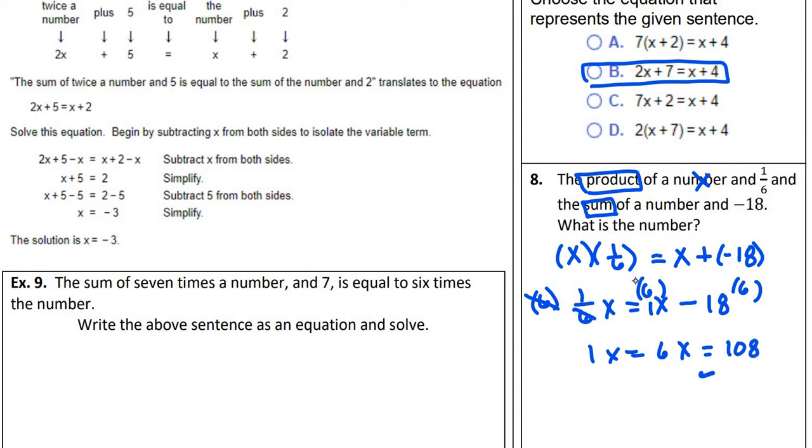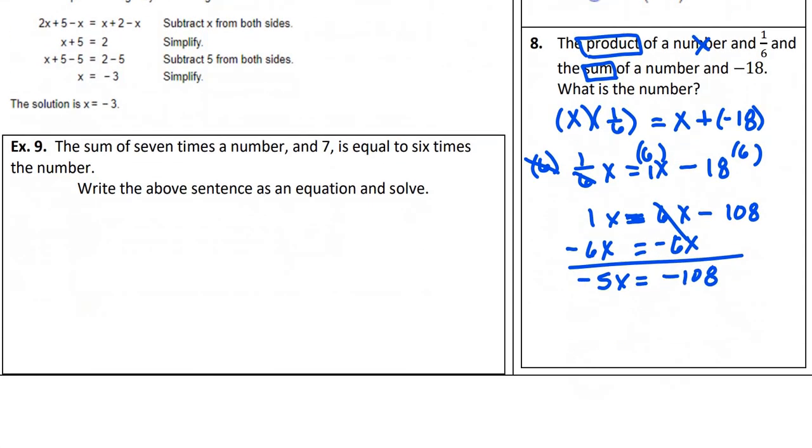Now, as before, and I'm going to correct this right here, you're going to work this out just like you would an equation. So I have a positive 6x, and that becomes a -6x on each side, and that will give you -5x equals -108.